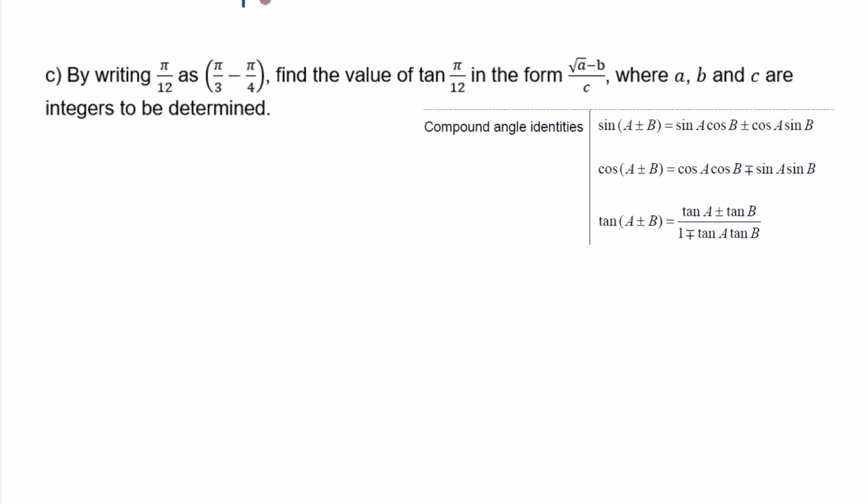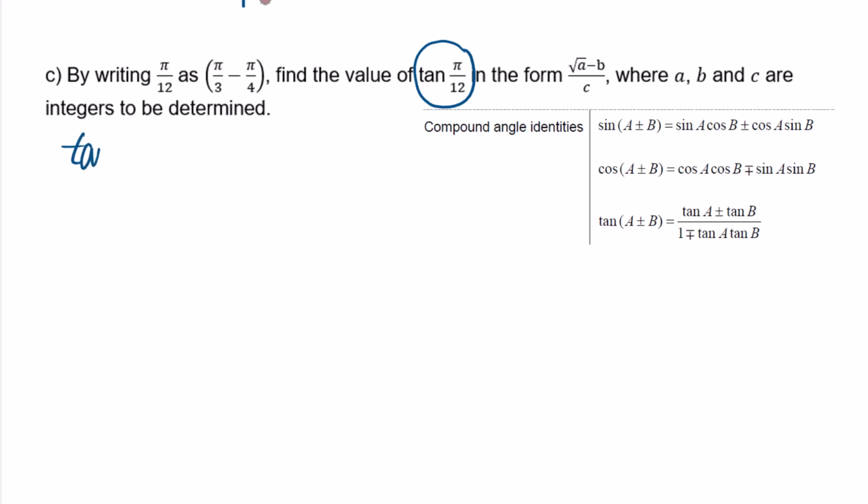By writing pi over 12 as pi over 3 minus pi over 4, find the value of tangent pi over 12 in the form square root of a minus b over c, where a, b, c are integers to be determined.